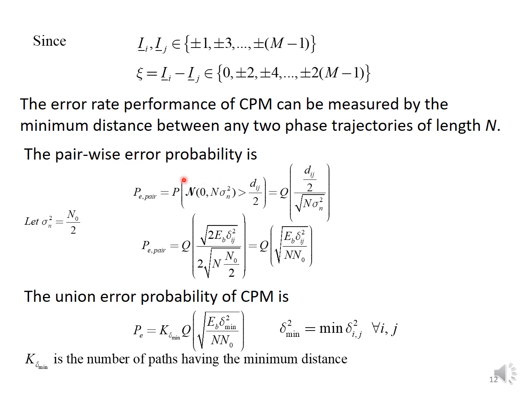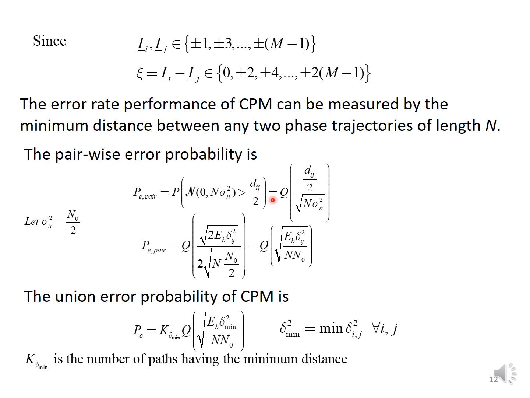The accumulated path, if the error is greater than half of the distance, then we have an error detection.